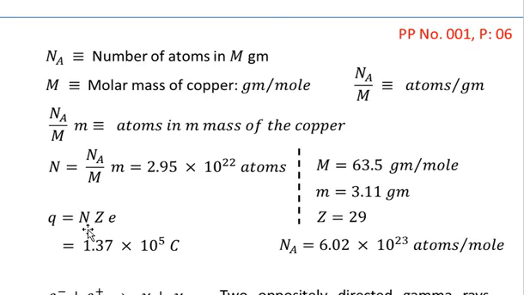Now putting the value of capital N, which is 2.95 into 10 to the power 22 atoms, putting the value of atomic number Z, which is equal to 29, and putting the charge on the electron, you will get Q, that is the total charge contained in the copper coin, equal to 1.37 into 10 to the power 5 Coulomb.